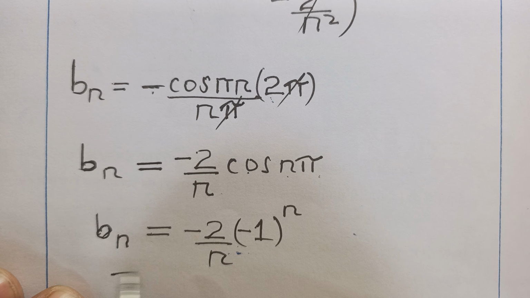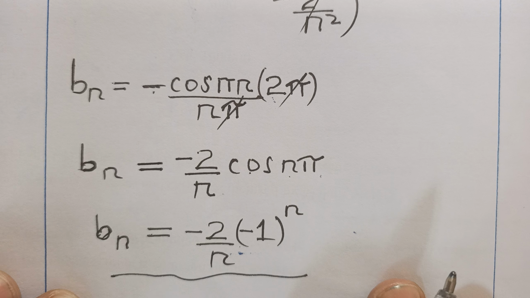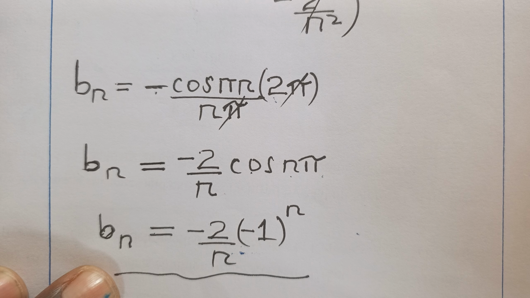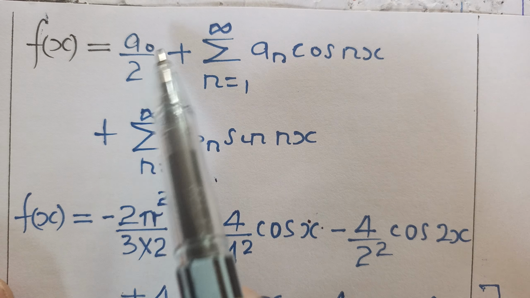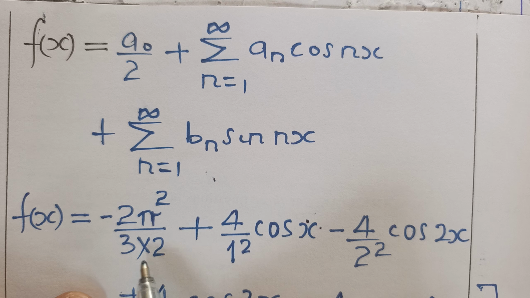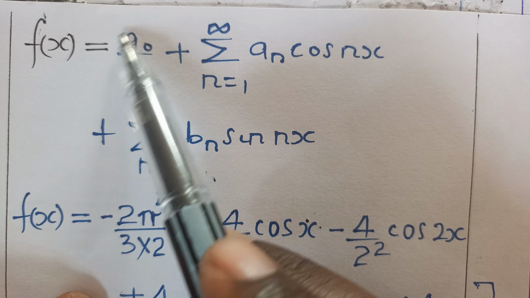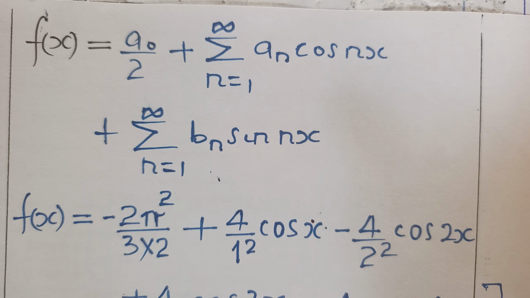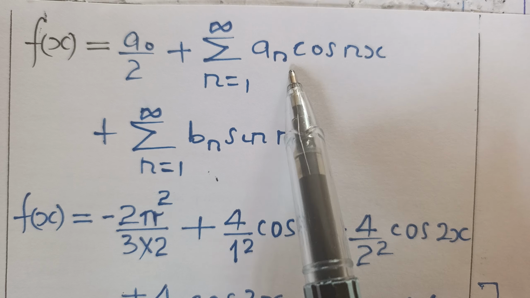So guys, we are able to identify our Bn. We already have the An and A0. So our A0, guys, was negative 2 pi squared all over 3. And that's what we have fixed there. And now we come and fix the An.